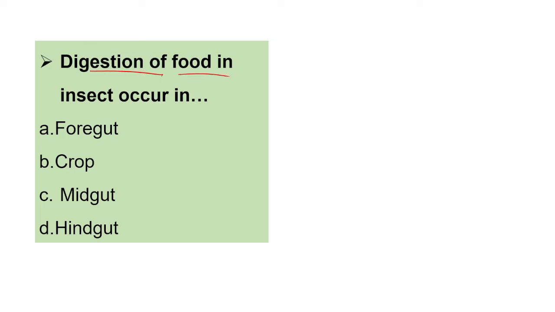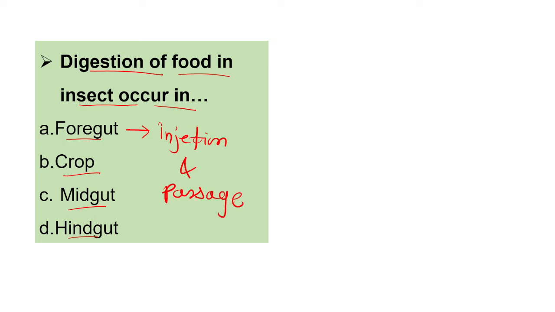Next question is: digestion of food in insects occurs in option A foregut, option B crop, option C midgut, and option D hindgut. In this alimentary canal, the foregut helps in ingestion and provides passage of food. While crop is a part of the foregut. In the midgut, digestion and absorption occur.